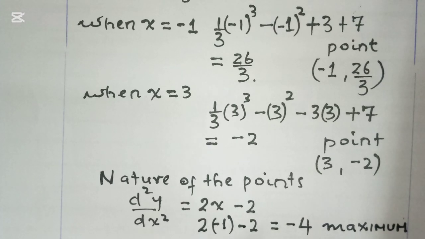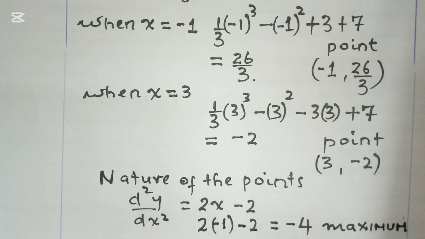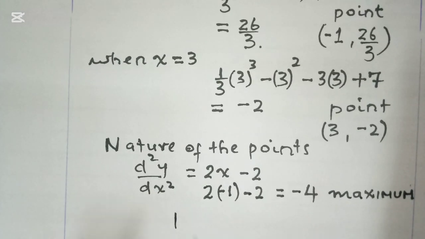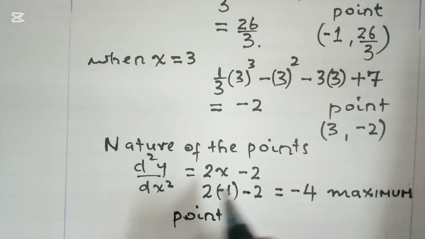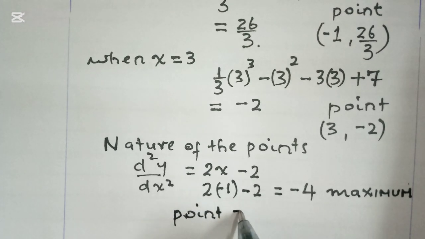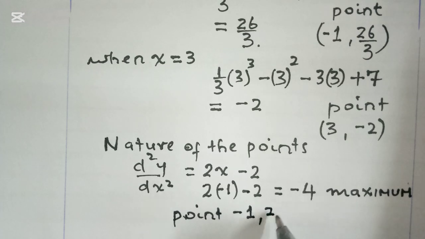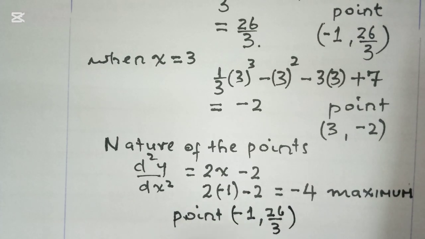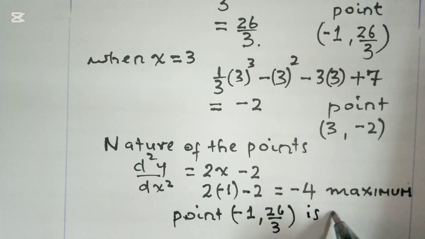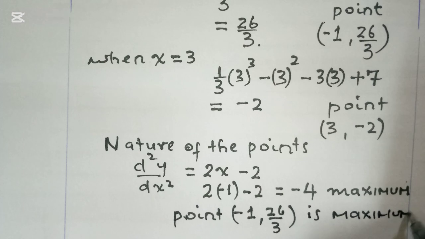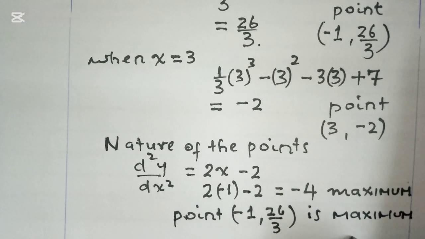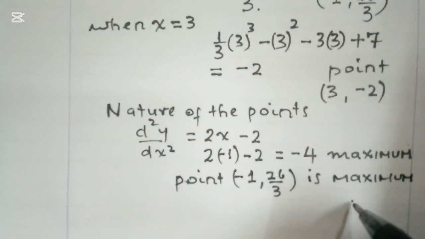So the point (-1, 26/3) is a maximum point, meaning it moves in this manner.